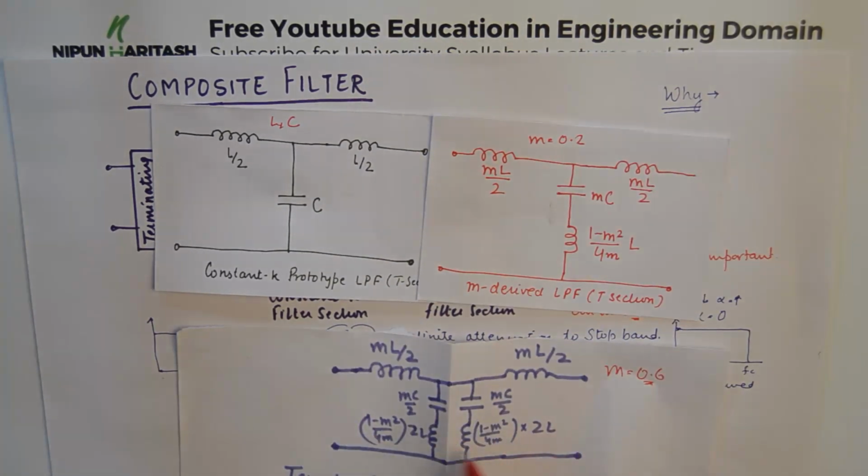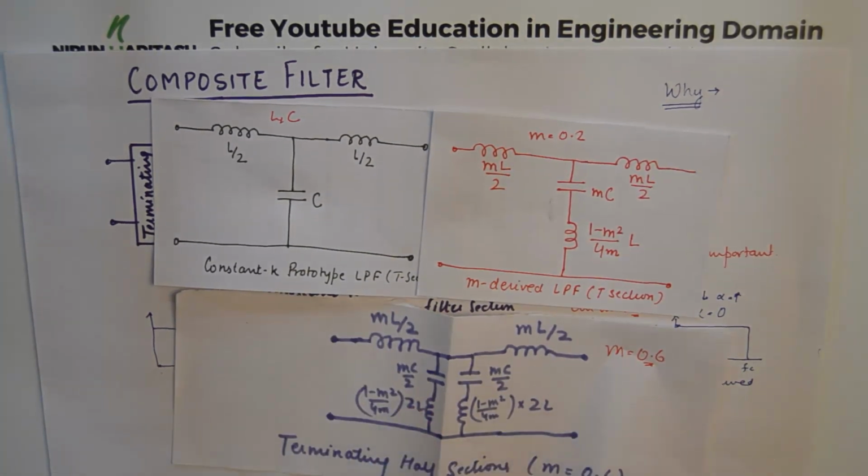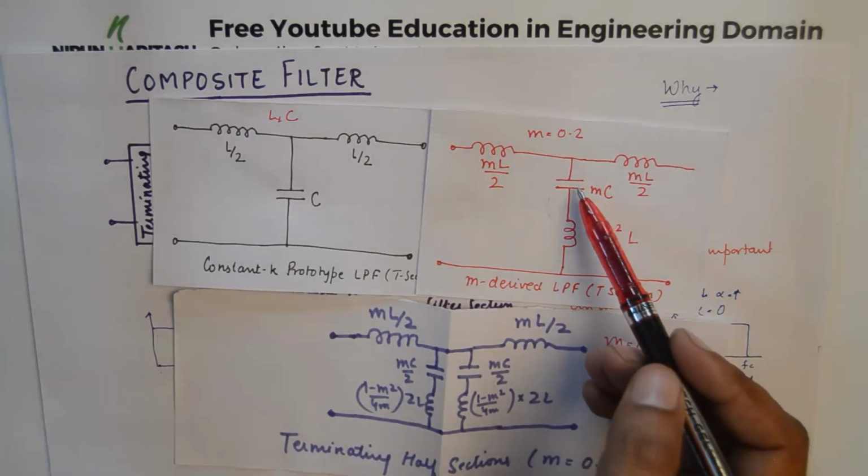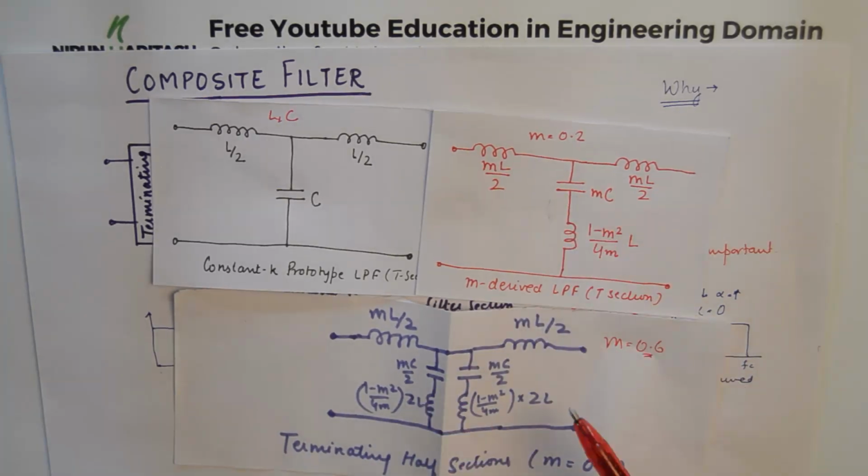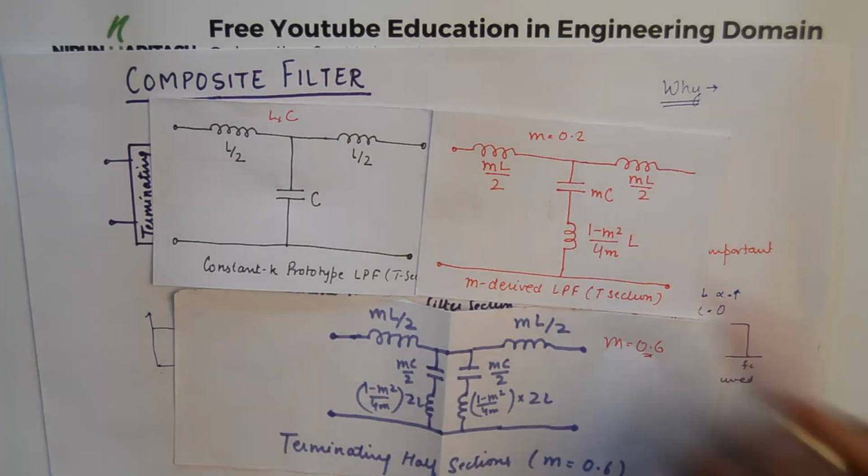So I hope this point is pretty clear, because we need not fiddle around with these mL by 2 in the series arms. We simply divide these two components into two parts such that their resultant is this.